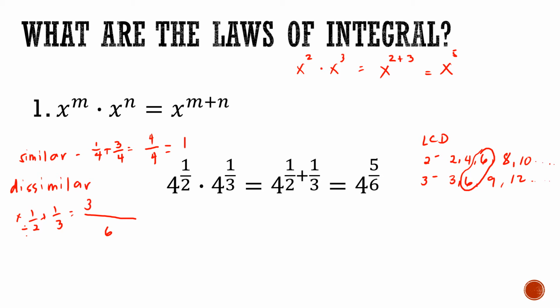Then we have plus, 6 divided by 3 is 2, times 1, we have 2. Then add the numerators, 3 plus 2, we have 5. And then copy the denominator, which is 6. Therefore, let's copy the base, which is 4, and the exponent now is 5 over 6.